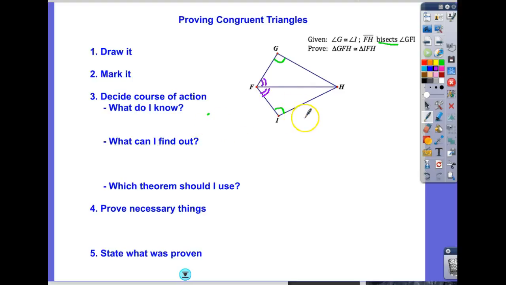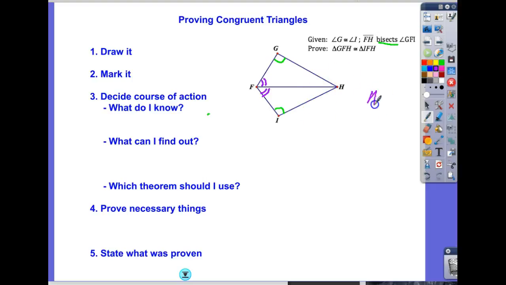Well, if you look at this, I can find out that angle GHF is going to be congruent to angle IHF, because if these two angles are congruent, the third one has to be, because they add up to 180, right? I've got this one, which is the same as this one and this one, so these two have to be the same as well.